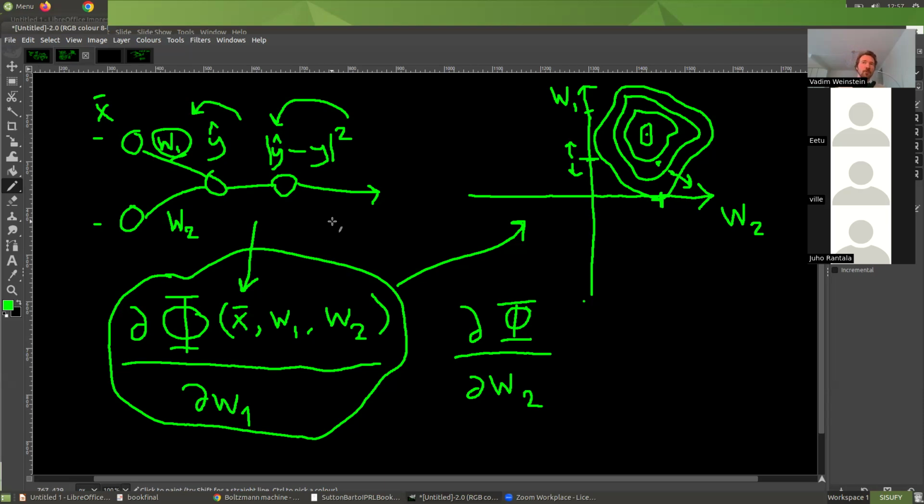That actually slows down the process, but they say it also makes it better, because when it's more noisy, it's less likely that you end up in some local minimum, because this landscape, if I draw it from the side, looks like this.